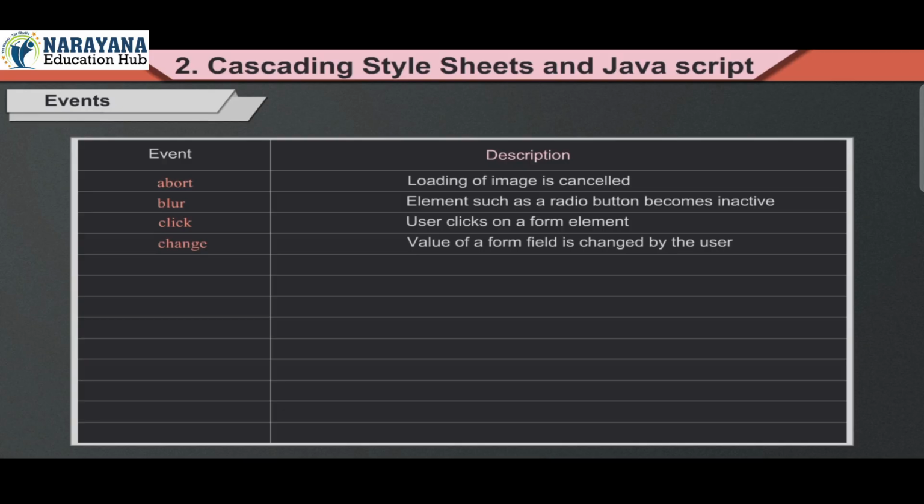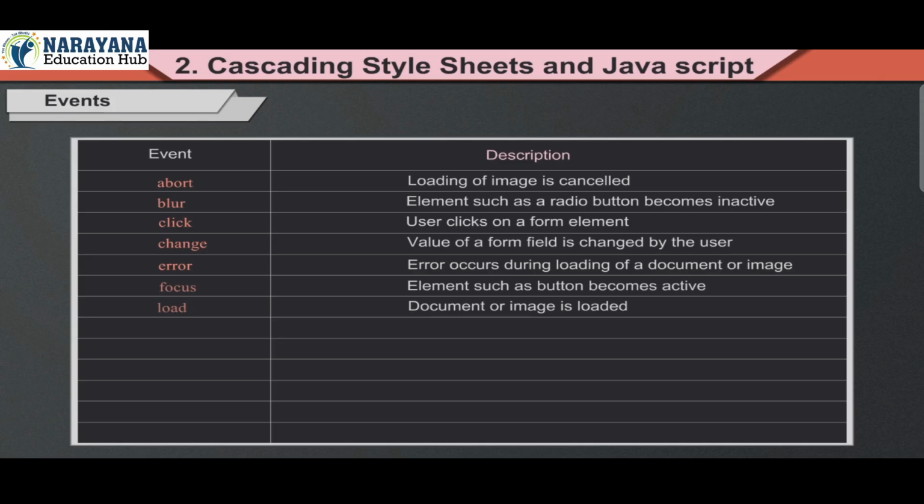Description: value of a form field is changed by the user. Event error. Description: error occurs during loading of a document or image. Event focus. Description: element such as button becomes active. Event load. Description: document or image is loaded.